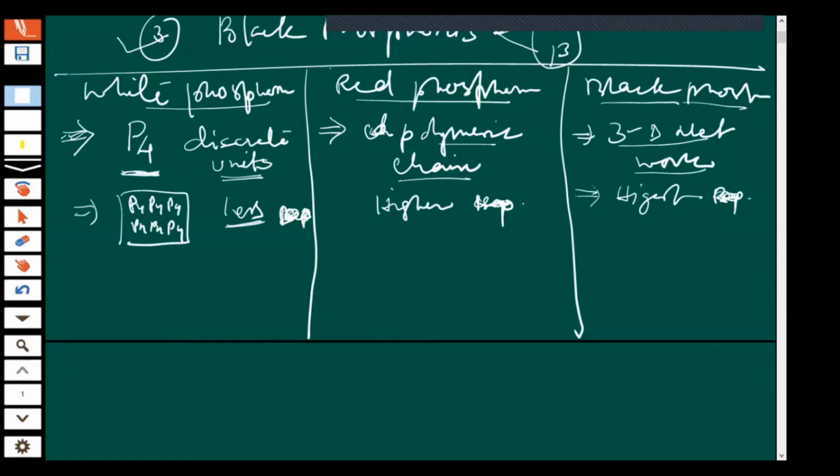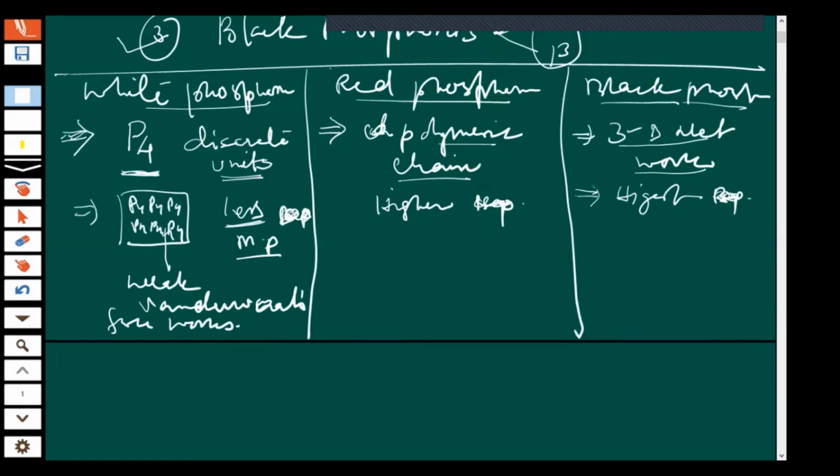This will be the situation, and that's why less melting point, because between these units only weak van der Waals force works. That's why its melting point is comparatively less than red phosphorus.